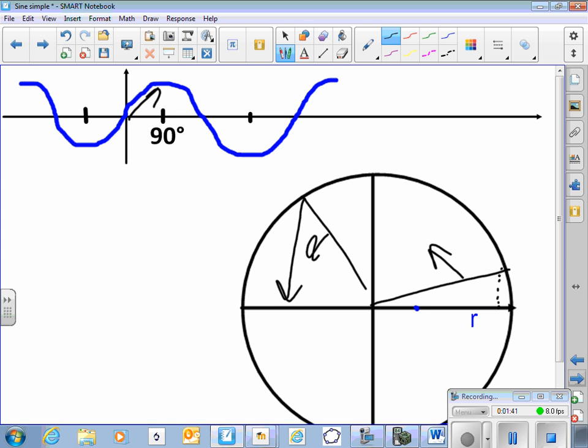And so if you look at the value of the sine of an angle, it looks like a wave. It grows and gets smaller, and then it goes negative, and then comes back to 0, and then it repeats. So once you get to 360 degrees, it repeats.